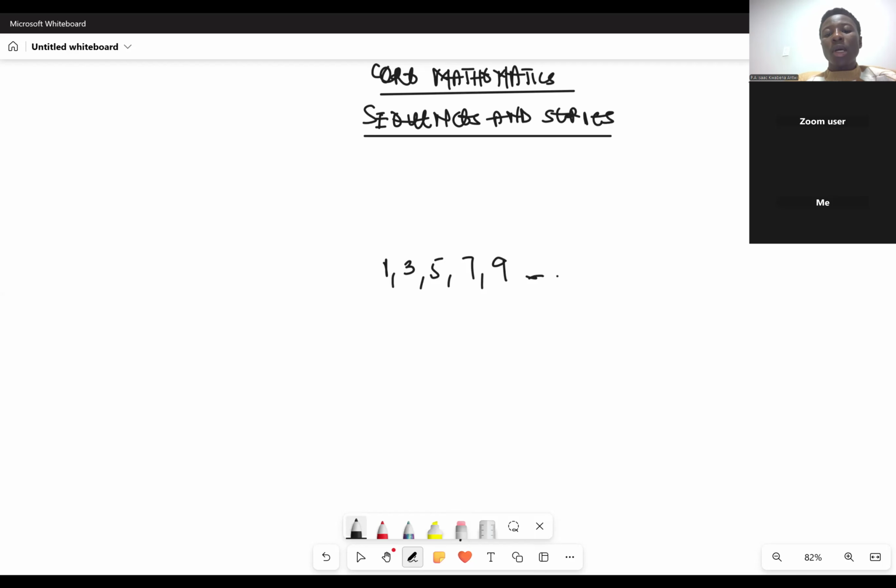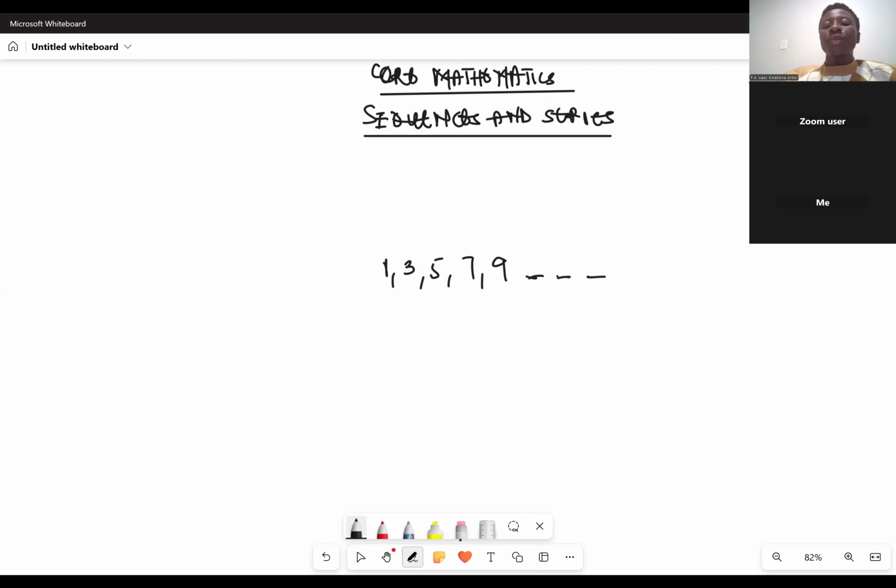Okay, so that's it. It's a number pattern that is written in a definite order, and to obtain the subsequent terms, there is one kind of rule that is used to obtain them.